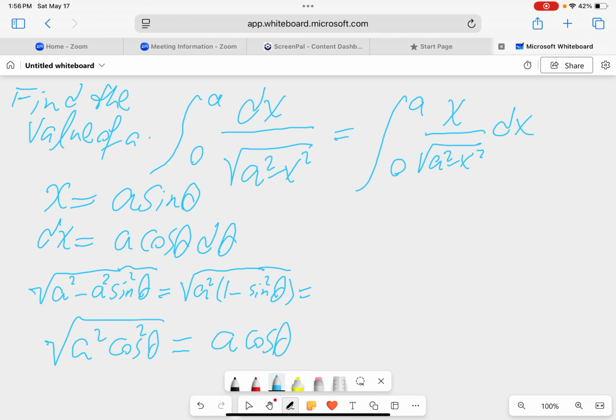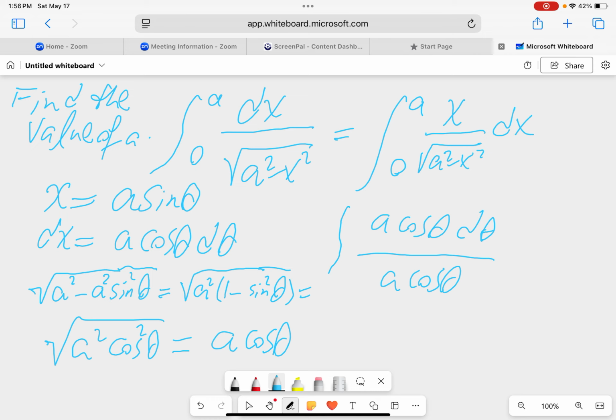Let's substitute the results, dx and the square root of a squared minus x squared, with the equivalent of a cosine of theta. So what we have is the integration of a cosine of theta d theta, and then the square root of a squared minus x squared becomes a cosine of theta.